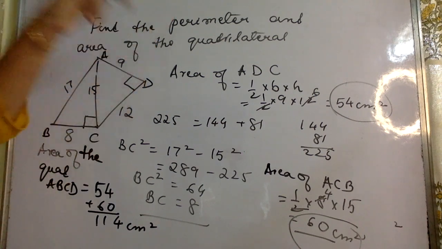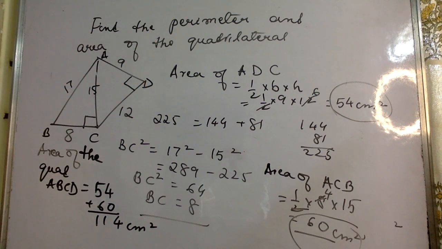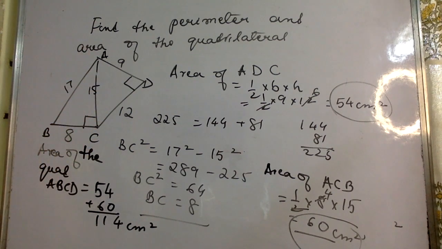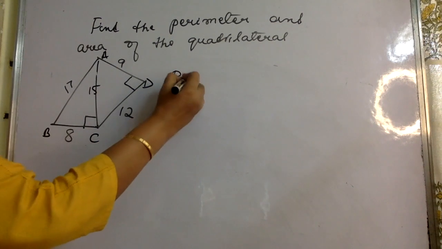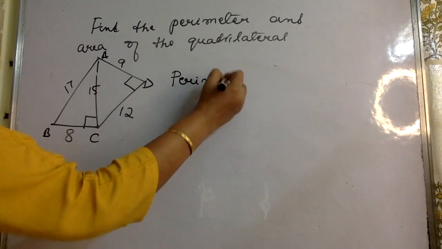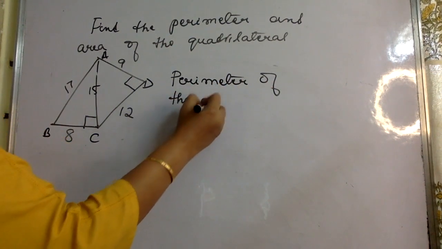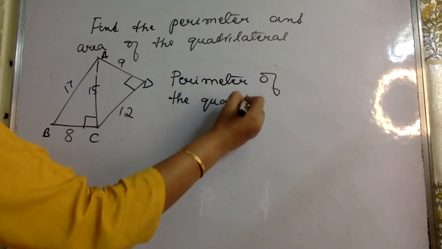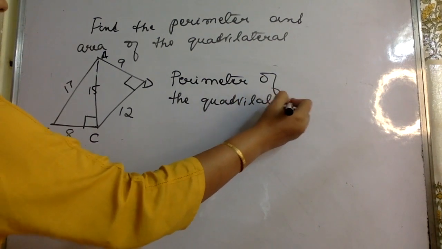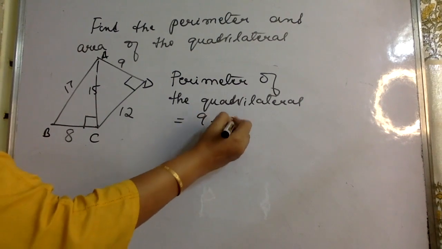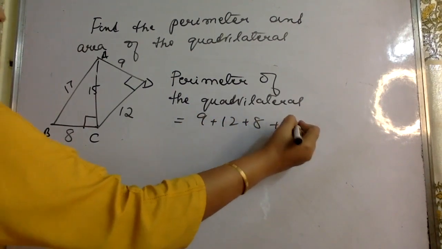Now they have also told us to find the perimeter. Perimeter is nothing but the sum total of the outer boundaries. So the perimeter of the quadrilateral is 9 plus 12 plus 8 plus 17.